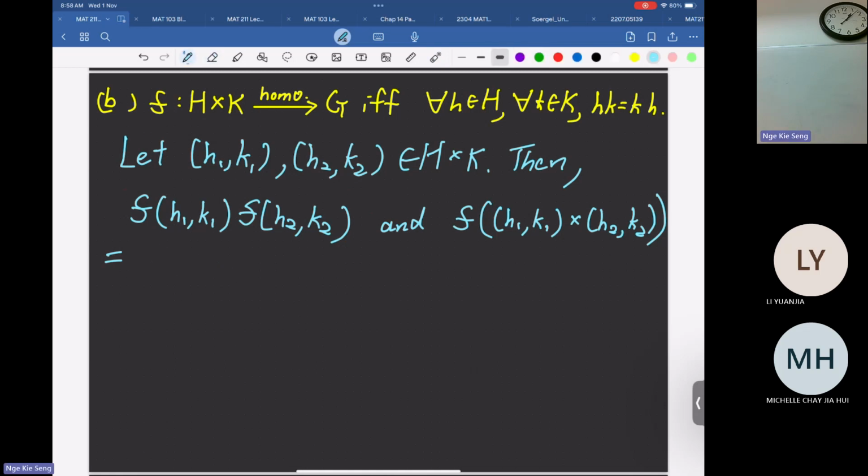Repeat first. So what do you get? F or H? Then this one, k1, k2. Is this right? Let someone else check. Is this right or not? Do you get this? h1, h2, k1, k2. You confirm, correct?